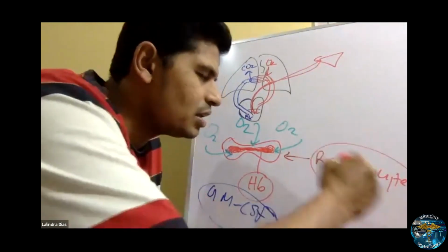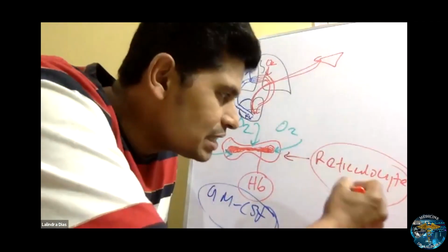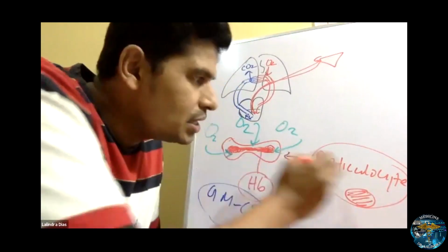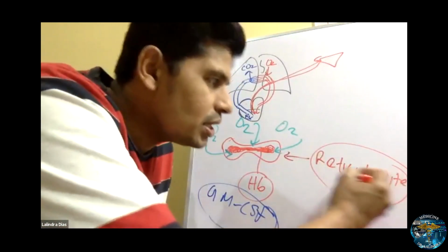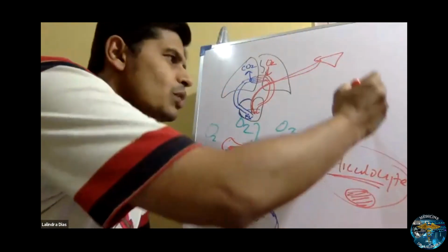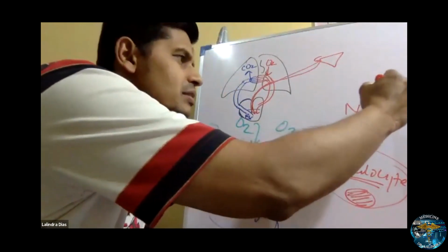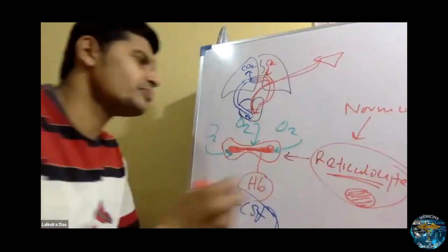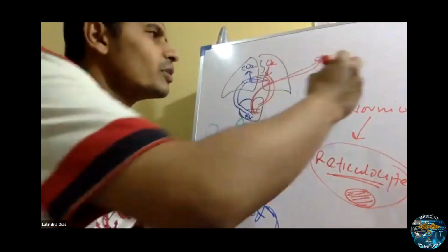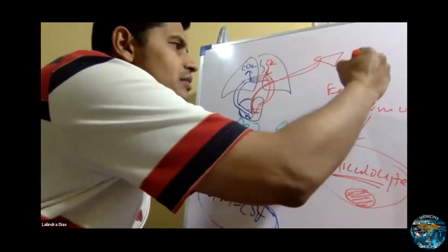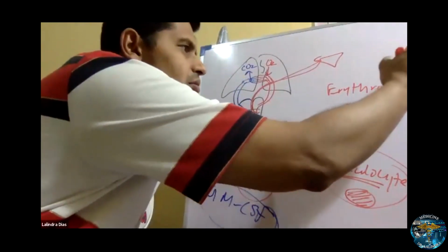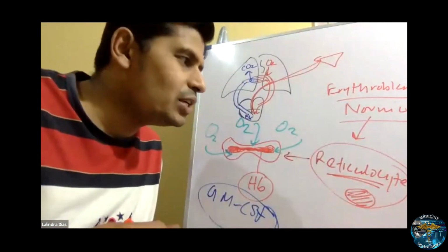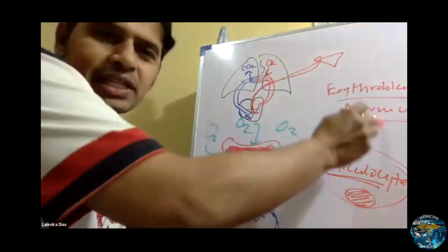It's an immature cell. Why did I say immature? Because it has a nucleus. The mature red cell doesn't have a nucleus. Here you have a nucleus. It's an immature reticulocyte. Before that, you have normoblasts and also erythroblasts. Erythroblasts and normoblasts only divide into reticulocytes. You don't have to remember these.